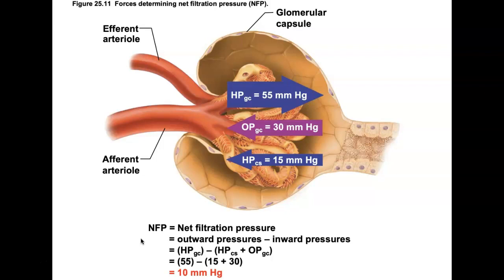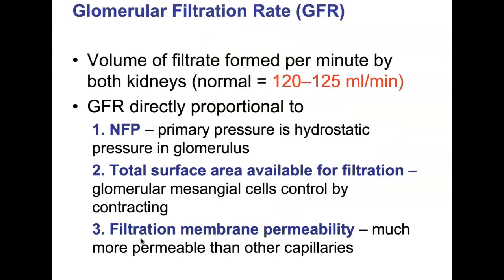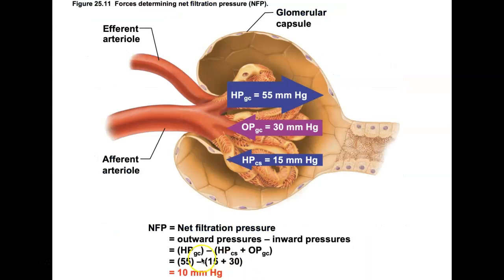So if we think about the glomerular filtration rate, or GFR, it is the volume of filtrate formed each minute by the combined activity of all 2 million glomeruli of the kidneys. GFR, therefore, is directly proportional to each of the following factors. It's proportional to the net filtration pressure, which is the one that we saw here, the 10 millimeters of mercury.